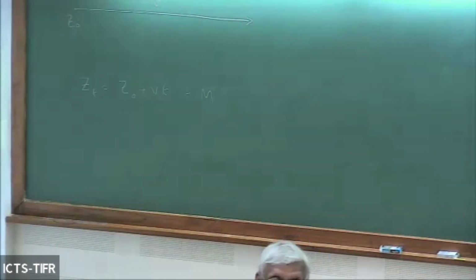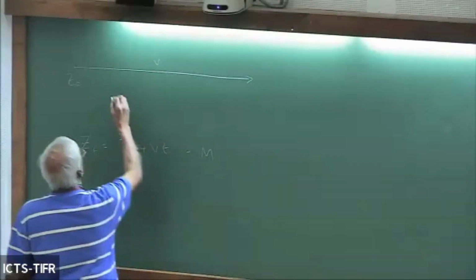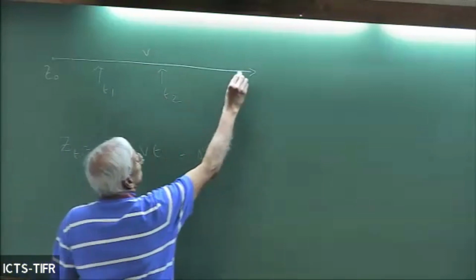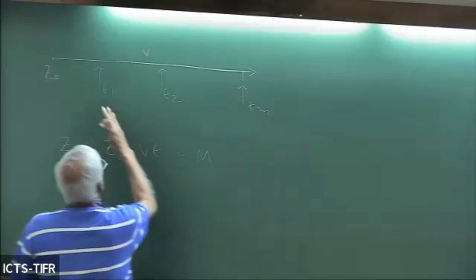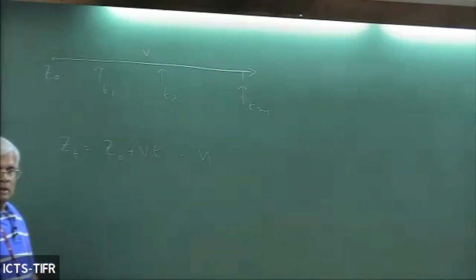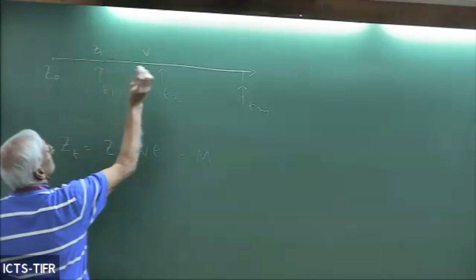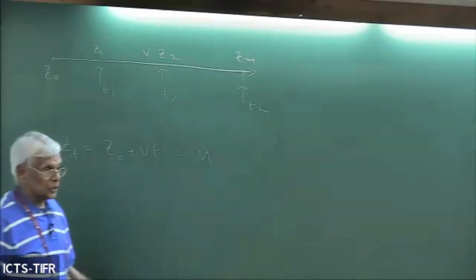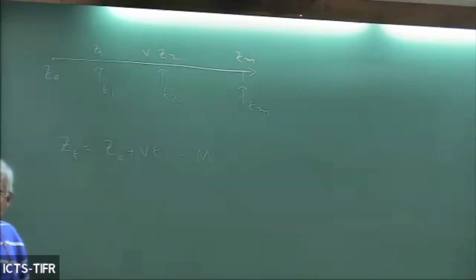So I'm going to now align people along the path. I have set young people and their positions are z1, z2, zm. So I have asked people at these distances, and what is the job?